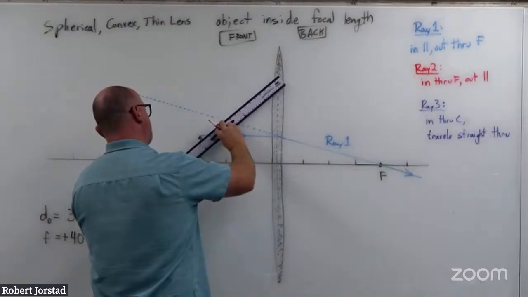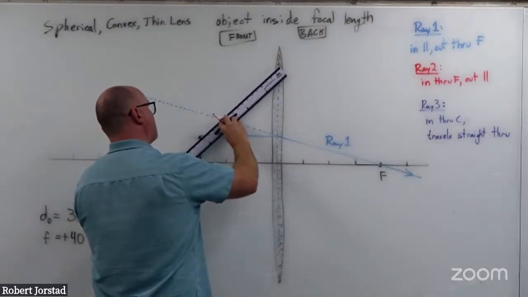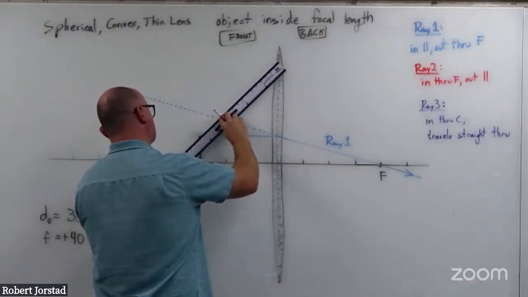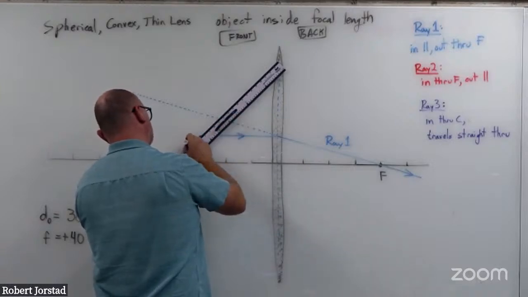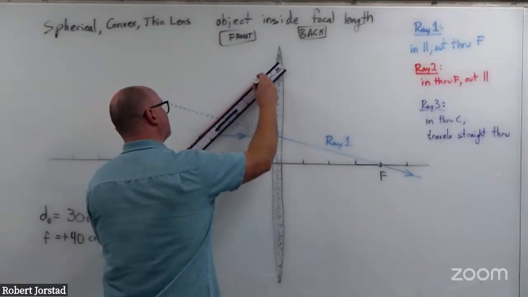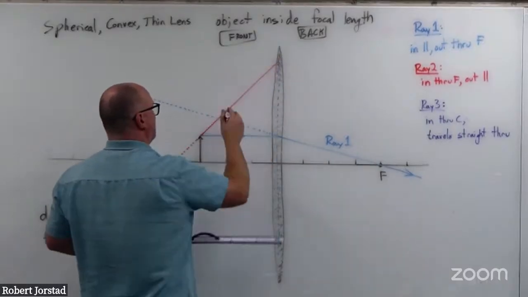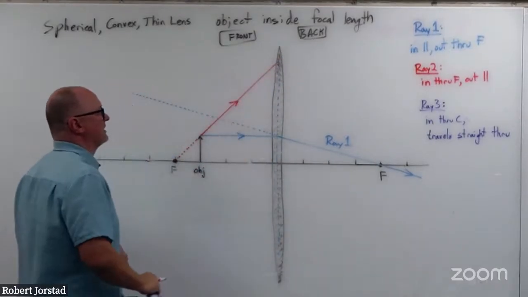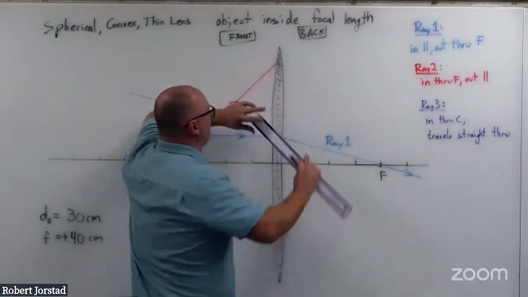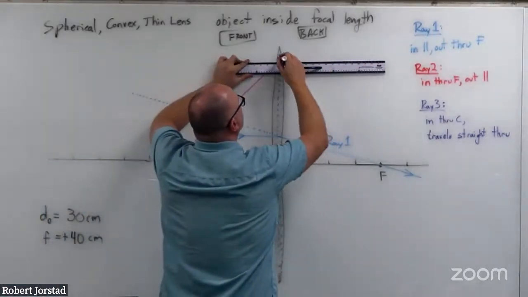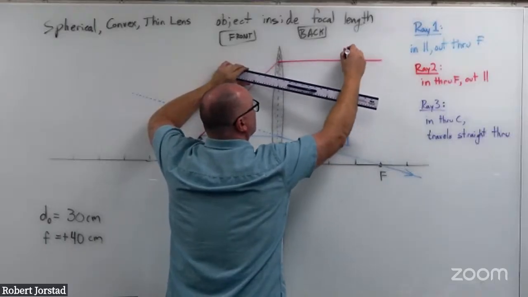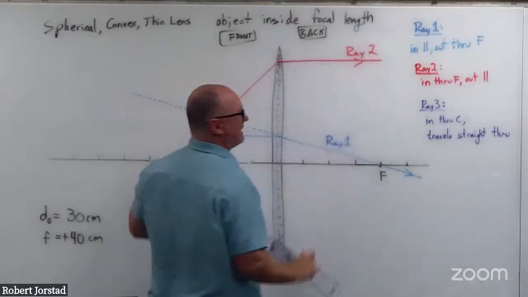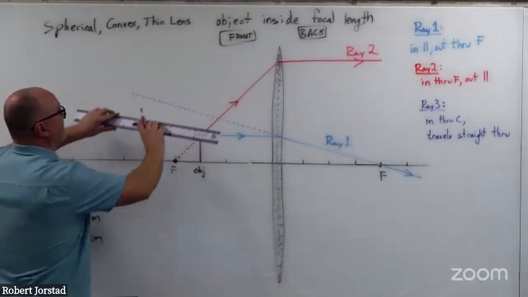It says if light went this way, just barely able to get it. If this ray comes here, now think, it's like going into a prism. It's going to be bent, comes out level. Ray 2. Back extend the output.